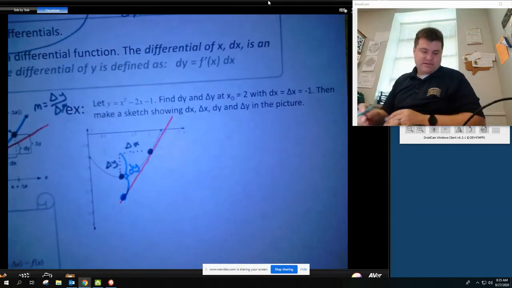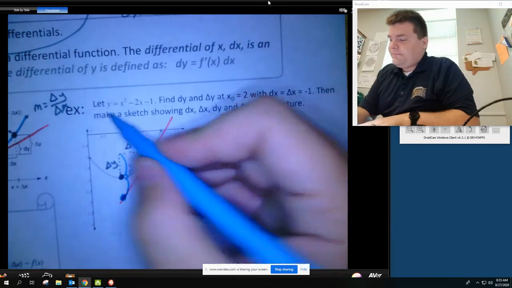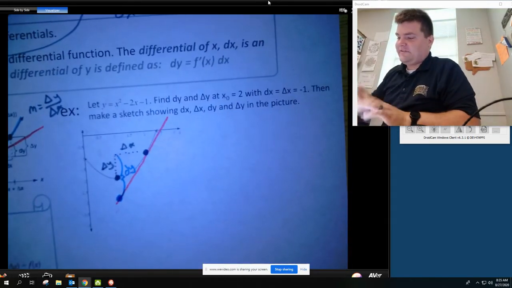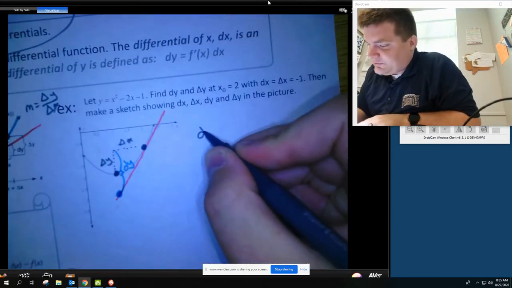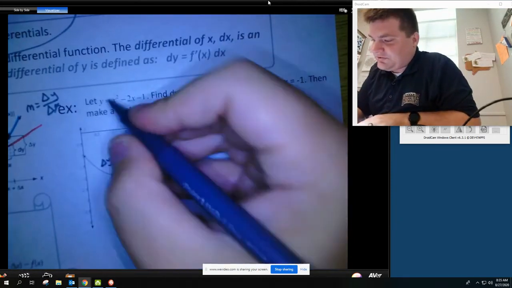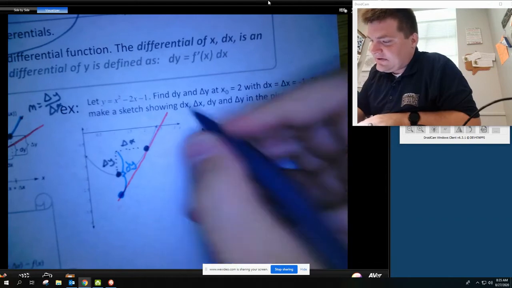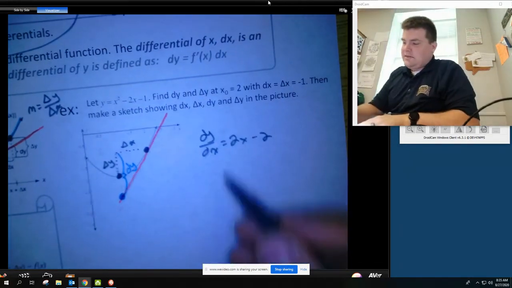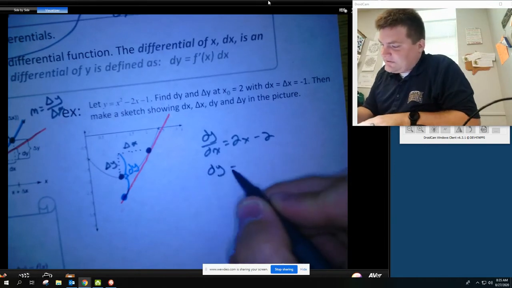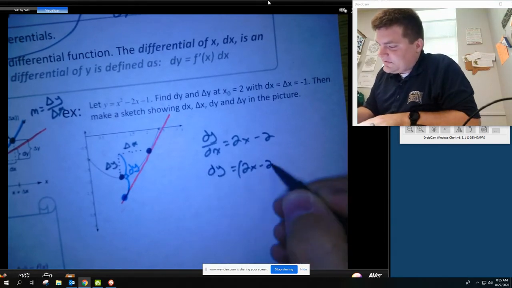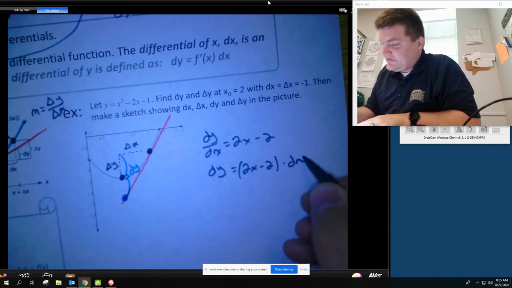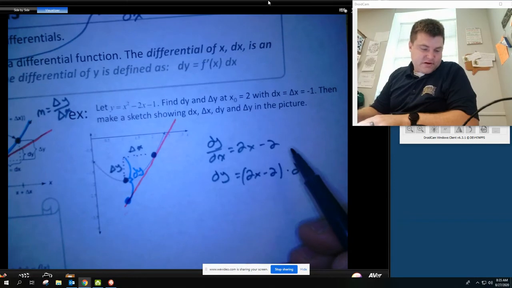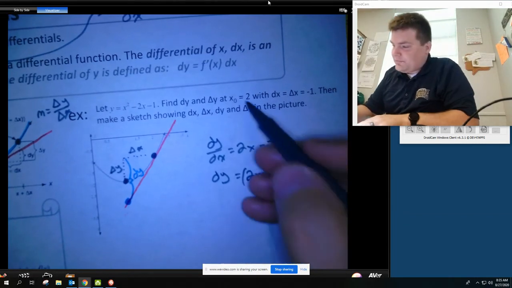Now let's actually get to the math here. So let's find these values. So first off, dy. To find that, I'm just going to take the derivative. So dy over dx is equal to the derivative of x squared, which is 2x minus 2. Then let's go ahead and solve for this. So dy is equal to 2x minus 2 times dx. And I'm doing everything here from 2.